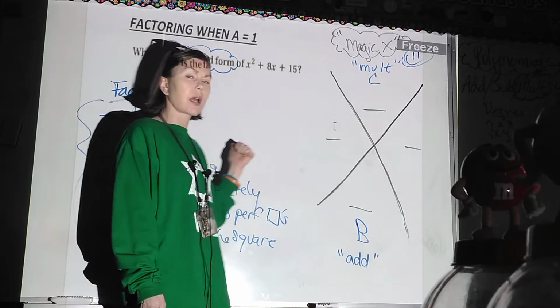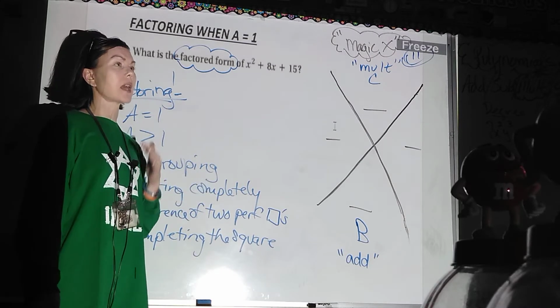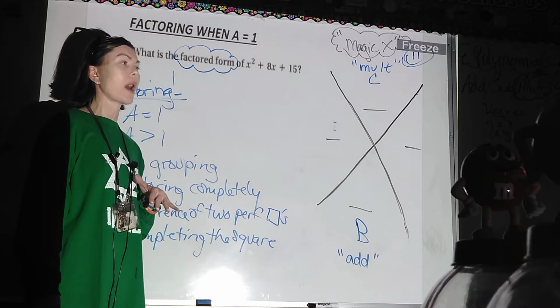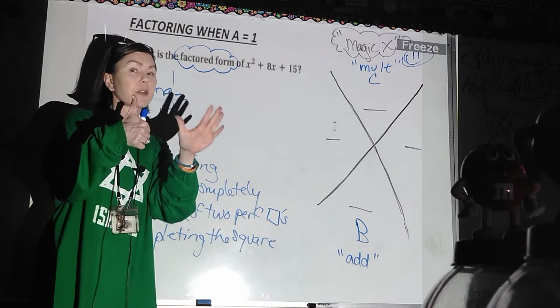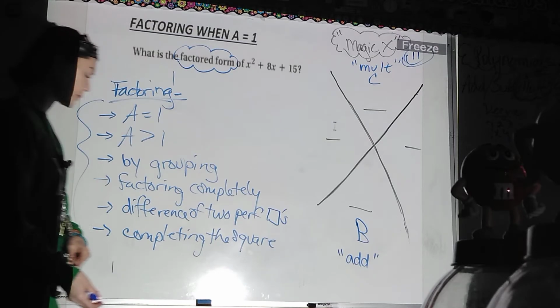But I want you to look at this list, okay? In our factoring on the Algebra EOC, we need to know how to factor 6 different ways. So, direct your attention here.